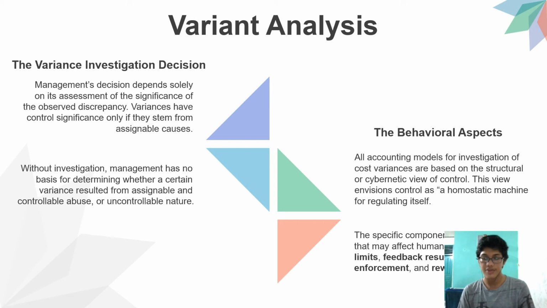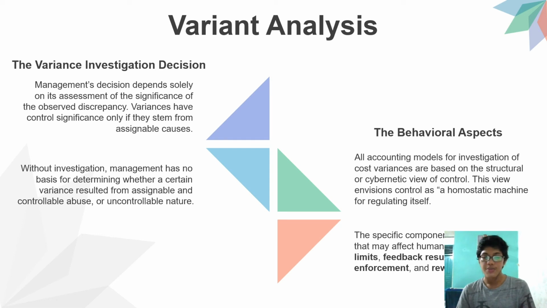The cybernetic model at best regards human behavior as a random disturbance factor or a nuisance. They also ignore the fact that the behavior climate within which performance information is perceived may reduce or even destroy its usefulness itself.